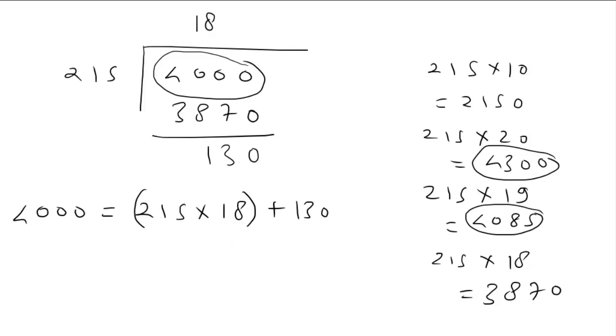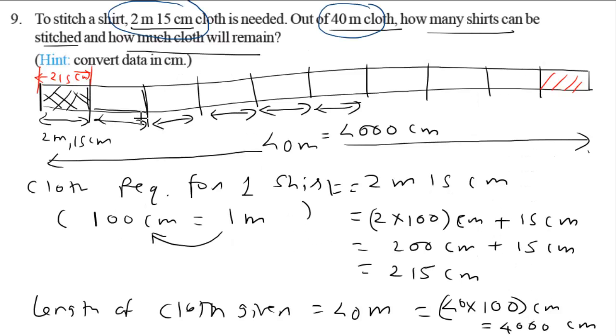So our answer will be: how many shirts can be stitched? For one shirt, 215 centimeter cloth is required. So such 18 pieces will be cut. These are all 18 pieces. And how much will be the remaining cloth?